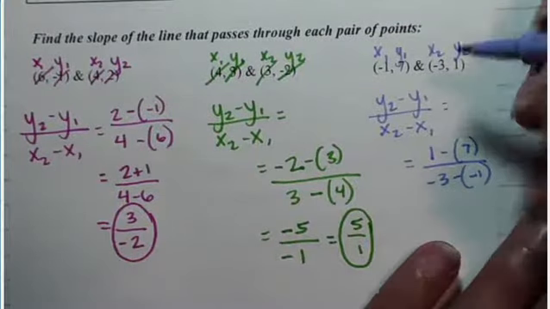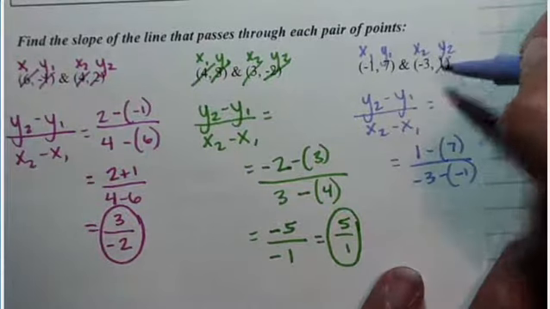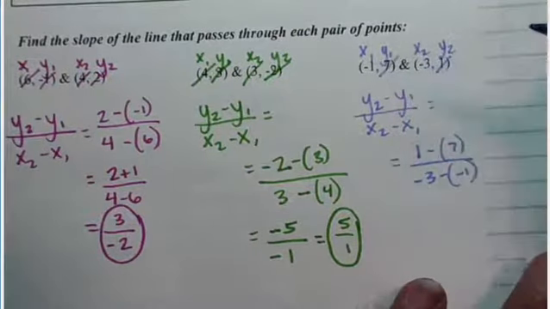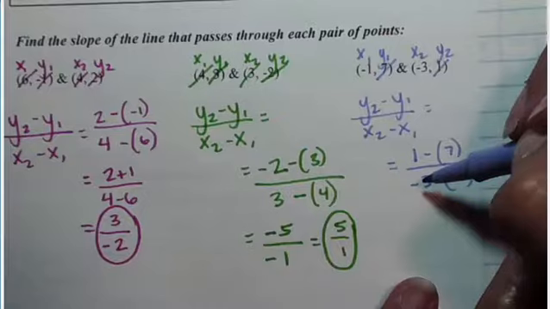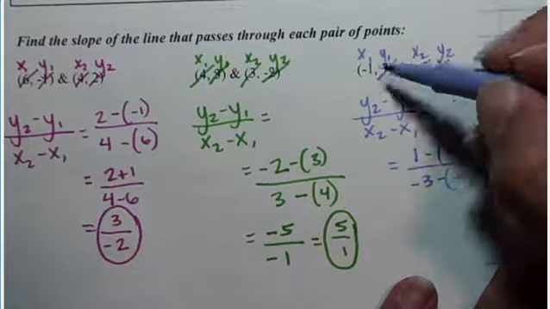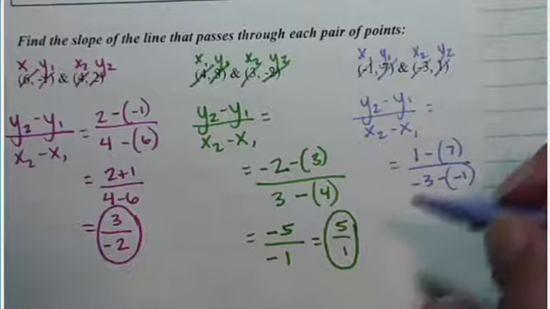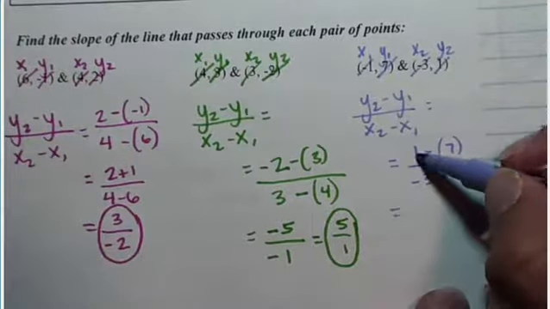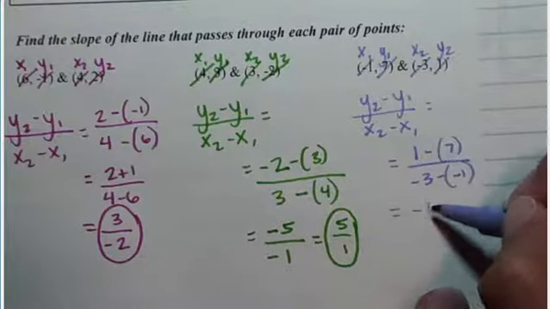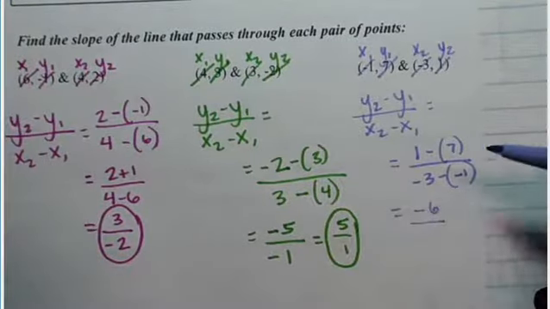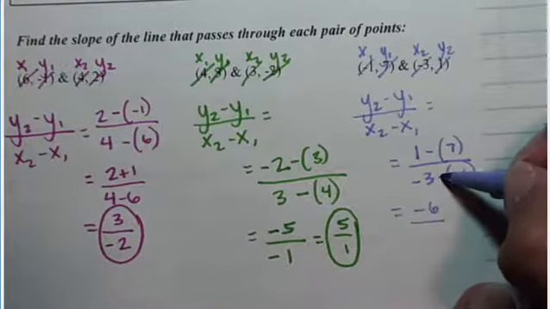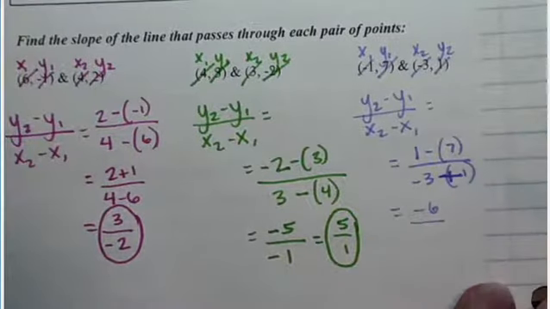And then the last one, y2 is 1 minus y1 is 7 over x2 negative 3 minus x1 negative 1. Notice that's why we put the second number in parentheses. So the top portion, y2 minus y1, 1 minus 7 is negative 6. For this bottom one, remember 2 negatives makes a positive, so I'm just going to switch that to a positive.